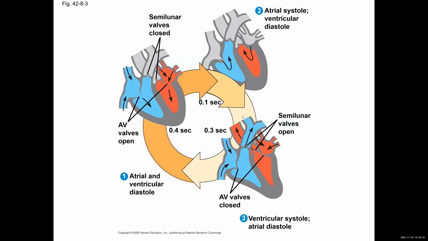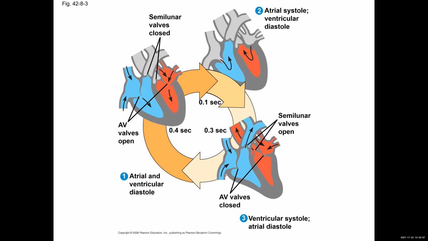All right. So the closing of the valves occurs because of a pressure difference from one side of the valve to the other. Just after contraction, there's a higher pressure on the downstream side than there is on the upstream side of the valves, so they close. When there's a forceful contraction from the ventricles, it's going to push the atrioventricular valve closed.